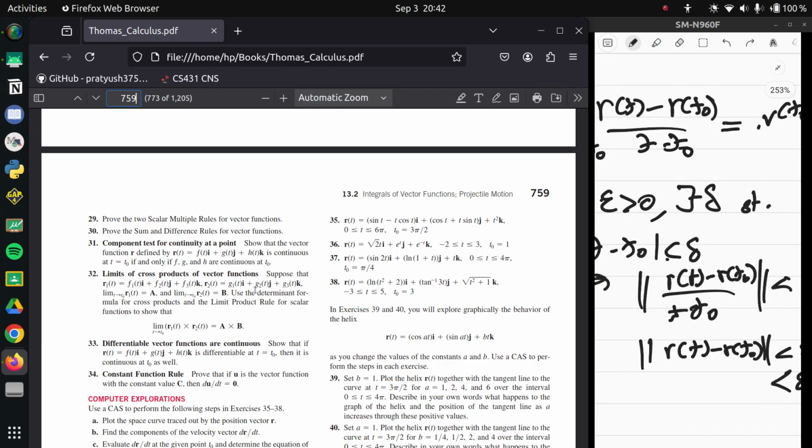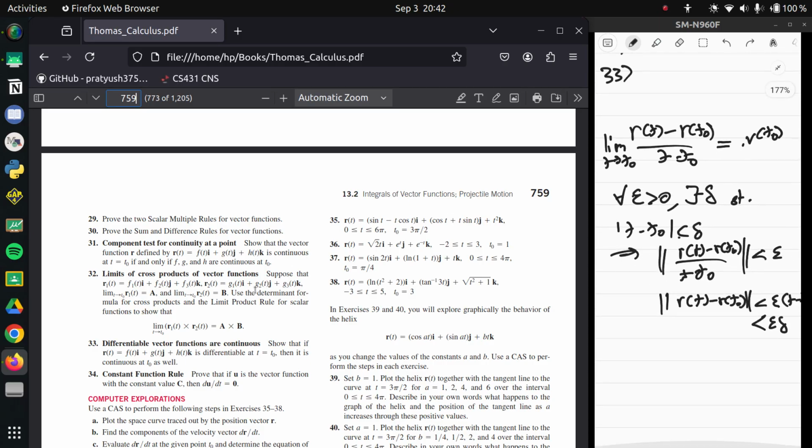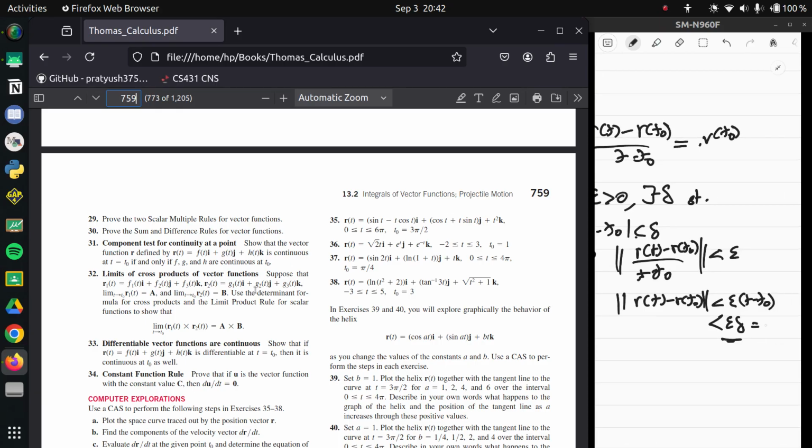So what we can instead show is, since it's going to be true for all epsilon, it's also true for epsilon upon delta, right? This is kind of weird. So we want this to be our new epsilon dash, right? So this is our epsilon dash.